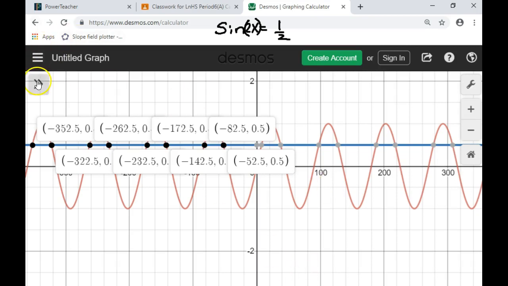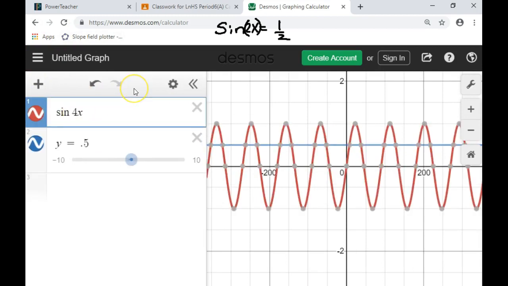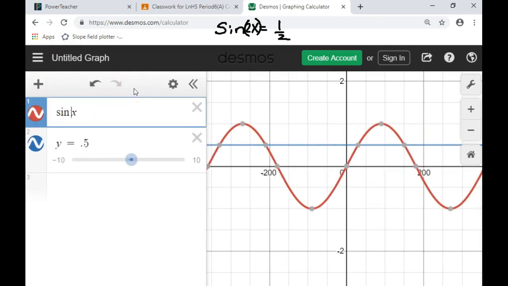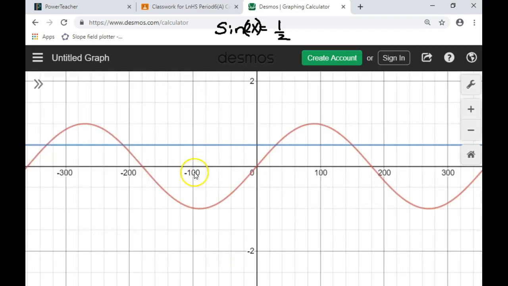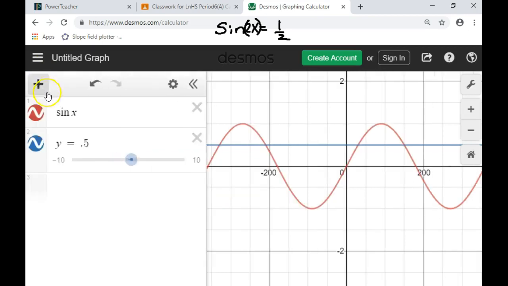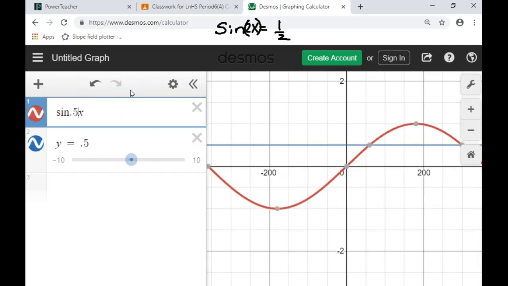In a similar way, what would I multiply x by in order to get a stretch instead of a compression? A negative would reflect it. It wouldn't stretch it. A decimal, like let's say 0.5. Notice how much longer it is now.